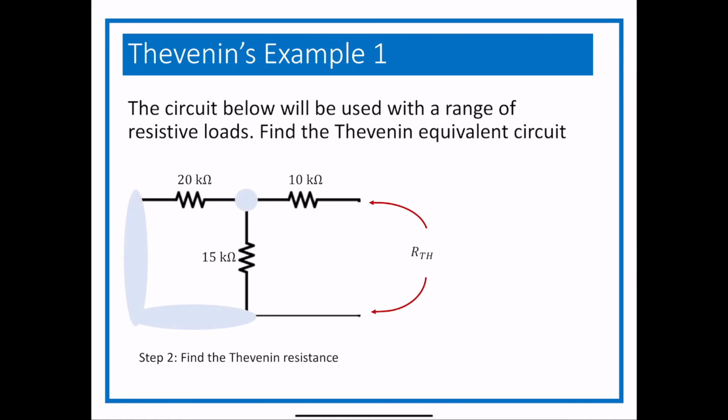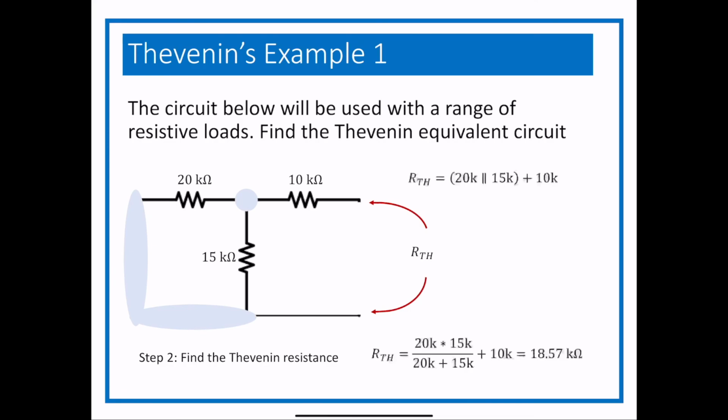You'll notice that there is a ground node that connects the 20K and the 15K at one end, and then they are also connected at the other end. So this means that they're in parallel, which means our Thevenin resistance is going to be 20K in parallel with 15K, and then we have to add the 10 kilo ohm resistor that's dangling out there to the process, and when we go through, we find 18.57 kilo ohms is the value of the Thevenin resistance.